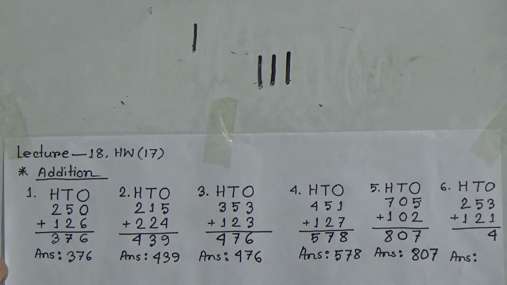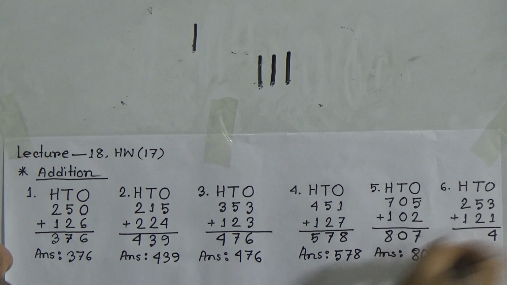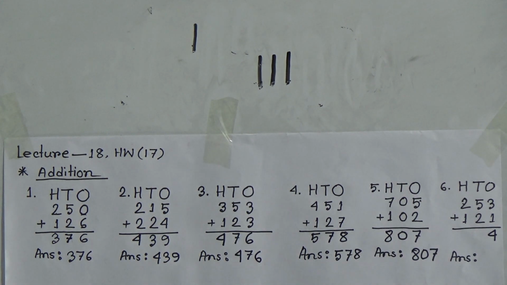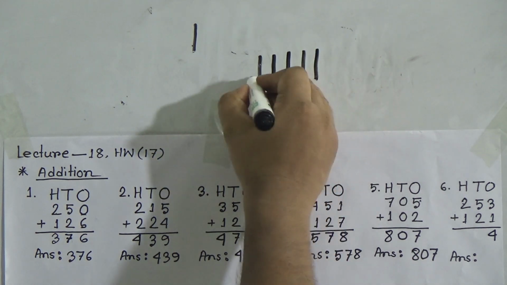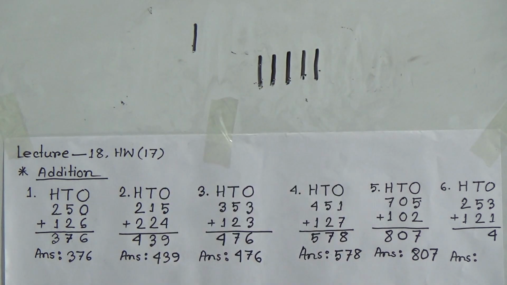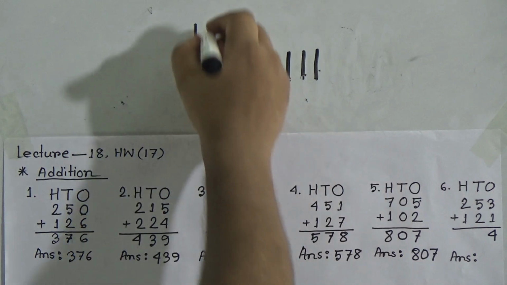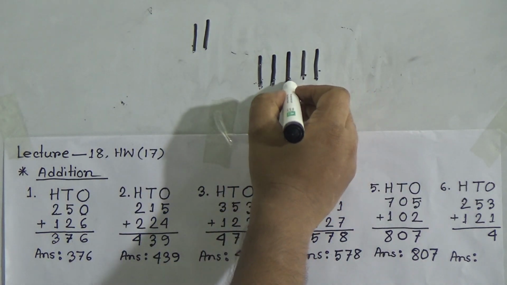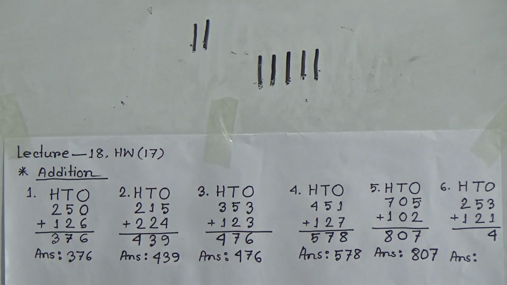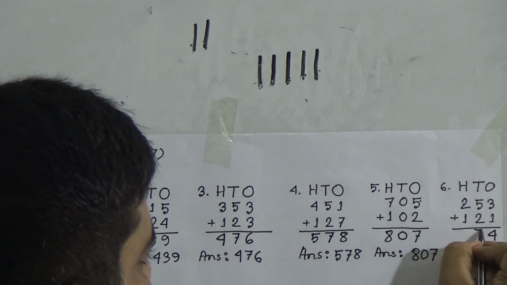After that 5 with 2. Here 3 sticks. To make 5 sticks, 2 sticks needed: 1, 2. 1, 2, 3, 4, 5. And 2 means 2 sticks. Now we count how many sticks are there? 1, 2, 3, 4, 5, 6 and 7. That means if we add 5 with 2, then we get 7.